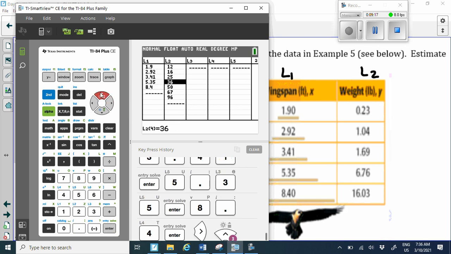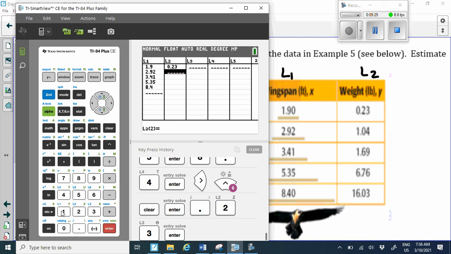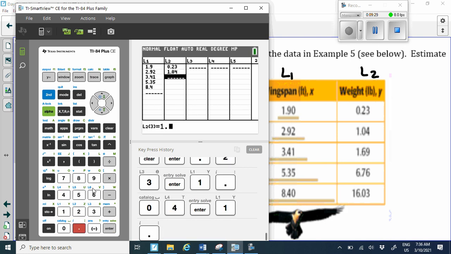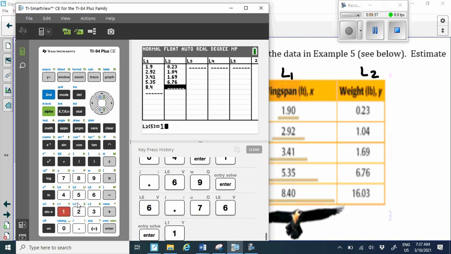Now I need to do my L2, so I'm going to go up, highlight L2, press clear and enter. Now plug in those values. Okay, so notice I have the same amount in my L1 and L2, so I did this correctly.